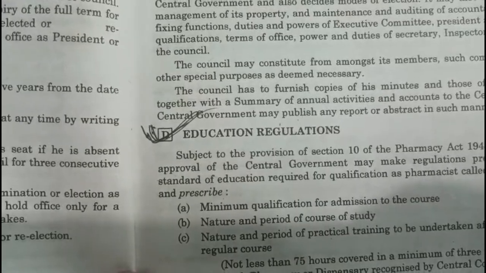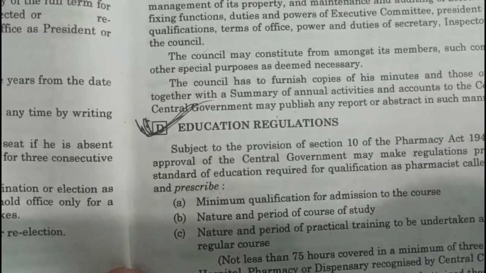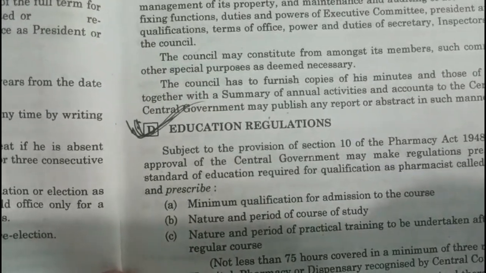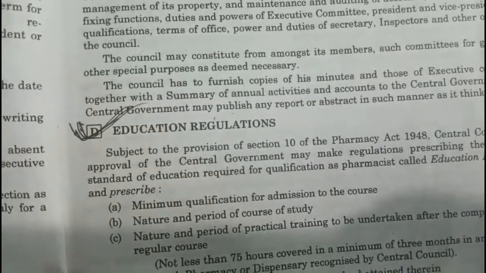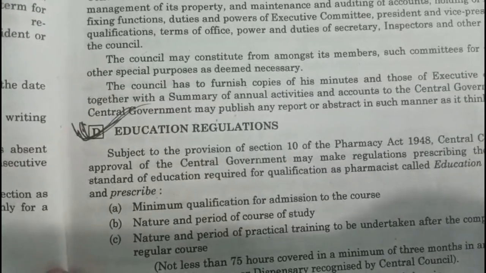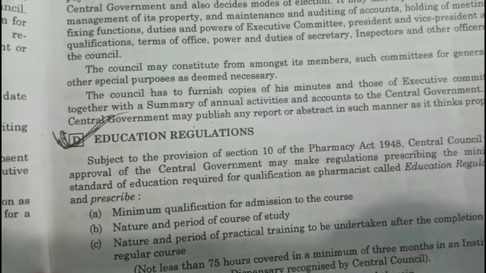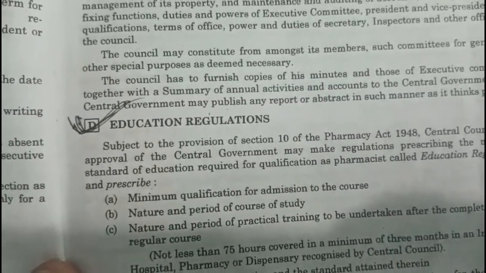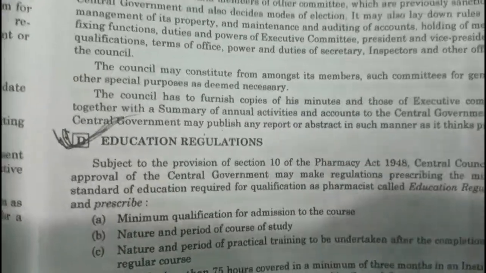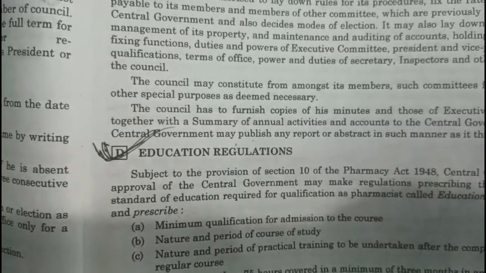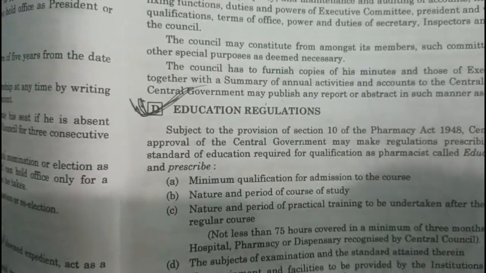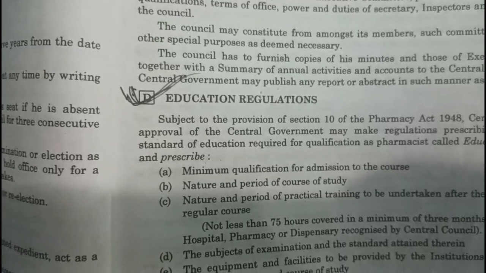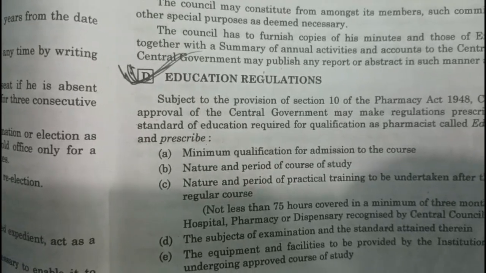Then what are the education regulations? Means what are the qualifications of a pharmacist, or what should be the qualification of a pharmacist. That will come as a brief note: give a brief note on the qualification of pharmacist required.